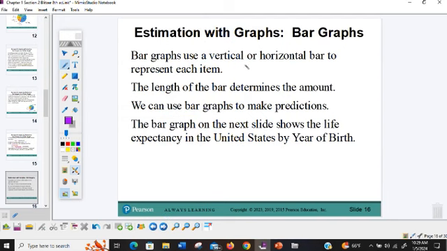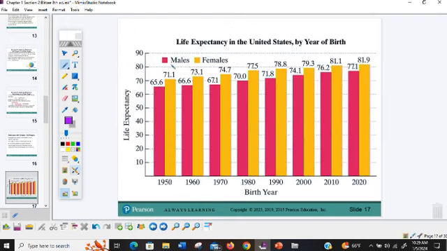Let's look at a bar graph. Bar graphs can have vertical, up and down bars, or horizontal, going right to left. The length of the bar determines the amount, and we can use these to make predictions. The bar graph on the next slide shows life expectancy in the United States by year of birth. Red is your males, yellow is your females.